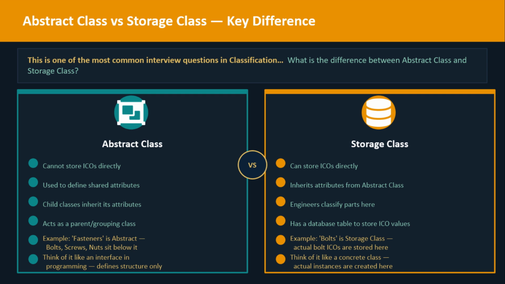Actual bolt ICOs are stored here. Think of it like a concrete class. Actual instances are created here. An abstract class defines the structure but cannot store ICOs. But a storage class stores actual ICOs and inherits attributes from the abstract class.